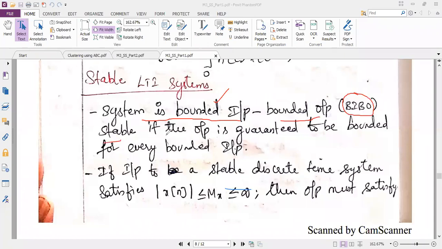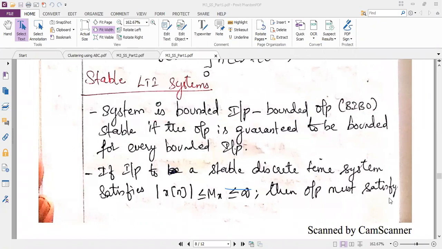When I call the system BIBO stable, the output is guaranteed to be bounded for every bounded input. So if the input is bounded, my output should also be bounded. When it follows this condition, I call the system a BIBO stable system. All these definitions we have discussed enough in the previous module.